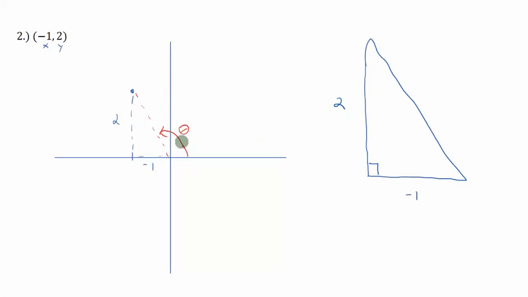If I want to know my theta value, then I need to know my reference angle right here, which is theta bar. Theta bar, again, I know opposite and adjacent, so I'll use tan inverse of opposite 2 over adjacent 1. Remember, use positive ratios when determining reference angles.